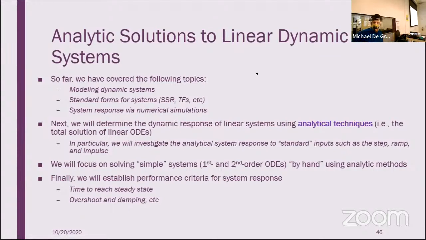Next, we need to determine the dynamic response of a linear system using analytical techniques. We will get to numerical solutions. But for some reason, the textbook put the simulation stuff before the analytical stuff, which I thought was weird, but they did it anyway. I think it's better for us to get a sense of how to do it by hand. That way we know whether or not our simulated models are lying to us.